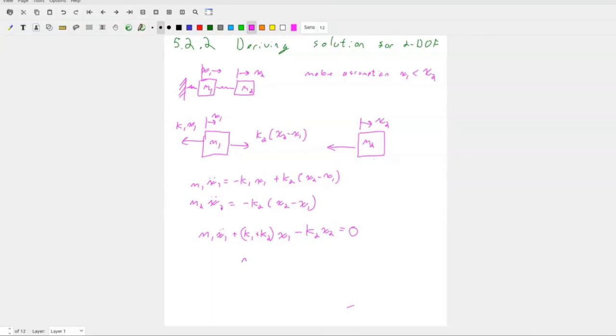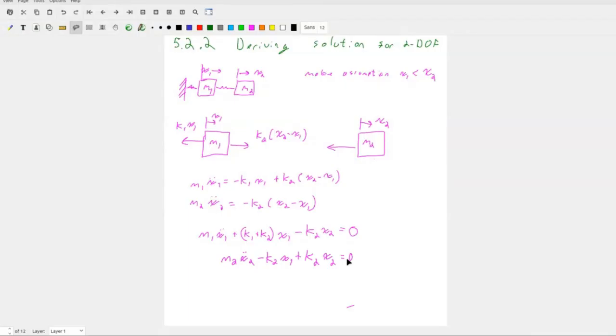And then we have M2 x2 double dot minus K2 x1 plus K2 x2 is equal to 0. And I'm going to move that over just a bit to the left so we can get them to arrange a bit more.